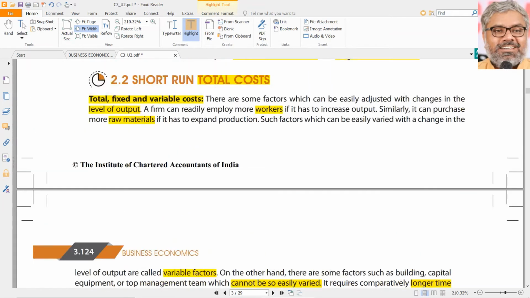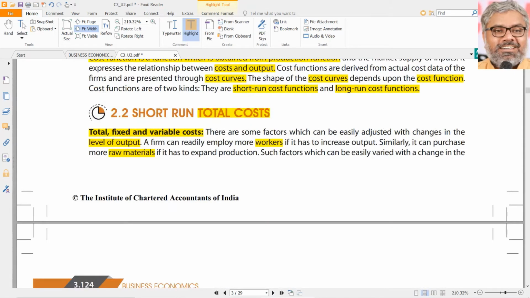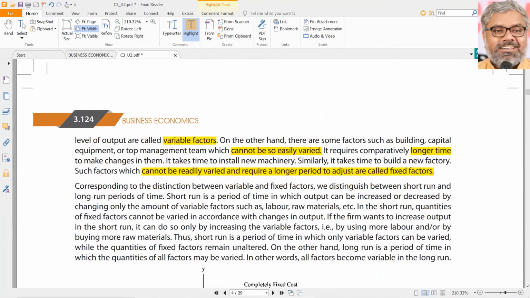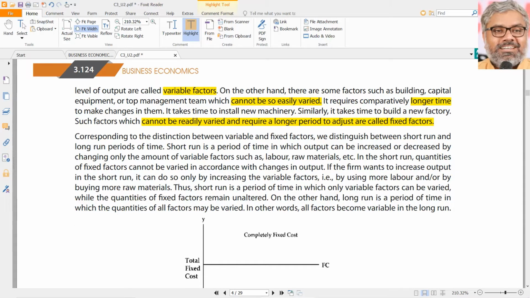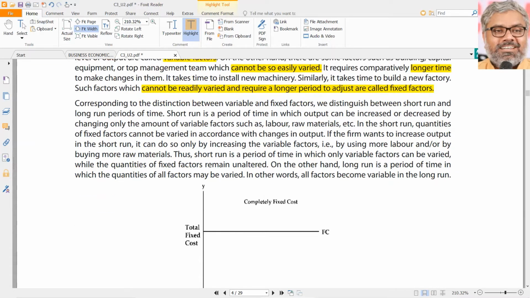So when you have variable factors which are adjustable along with the level of output, there are fixed factors which are also adjustable but not possible to be adjusted in the short run. They will take longer time to get adjusted. When we say fixed factors and variable factors, accordingly, definitely there will be a distinction between short run and long run periods of time.